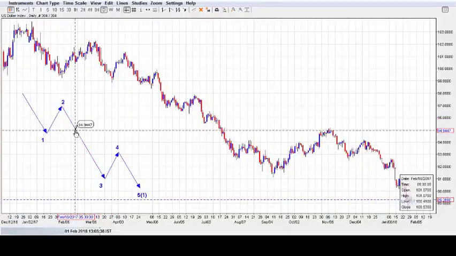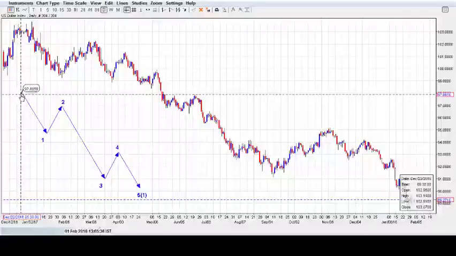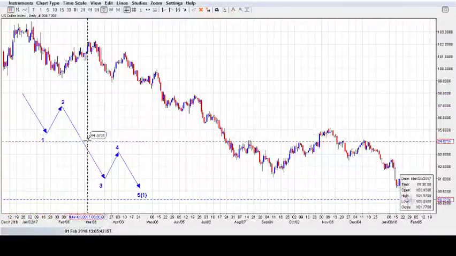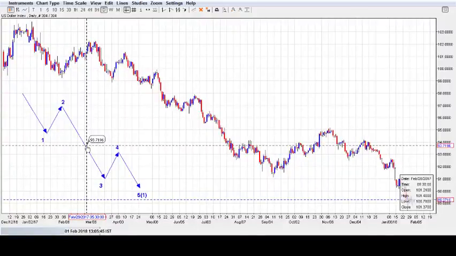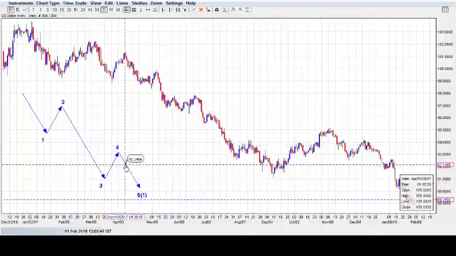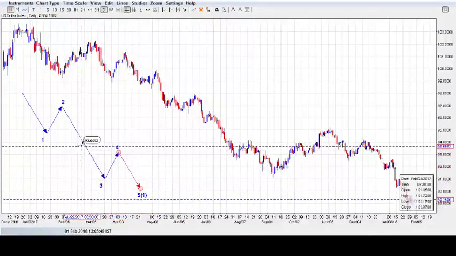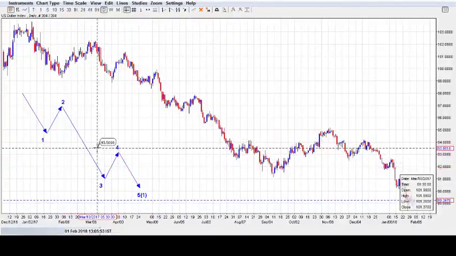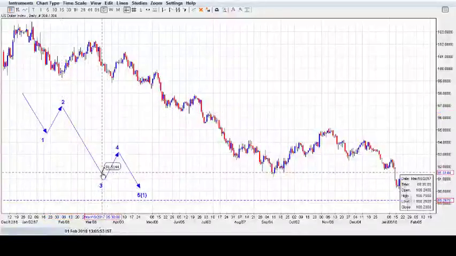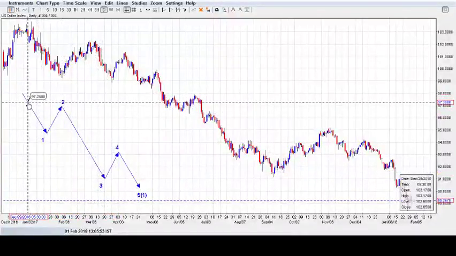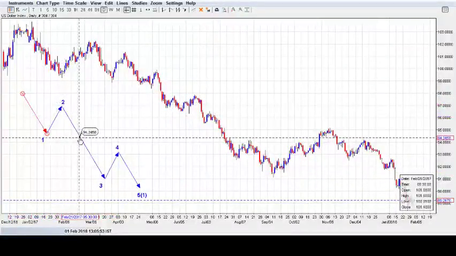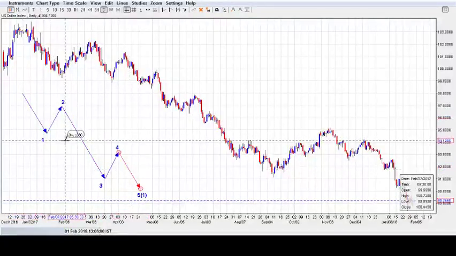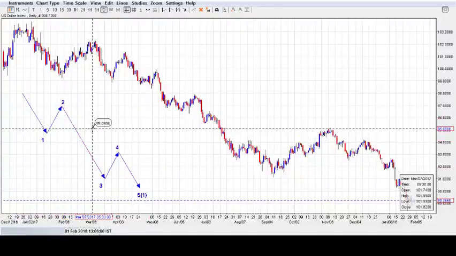Sometimes, if it is not the largest, it can never be the shortest. That means if wave 1, let's say, is 200 points, and wave 3 is less than 200 points, then wave 5 has to be less than wave 3. If it is not, then there's something else, and we need to do a recount. So that's the third point, very important to remember: wave 3 is normally the largest of 1, 3, and 5, but it is never the shortest.